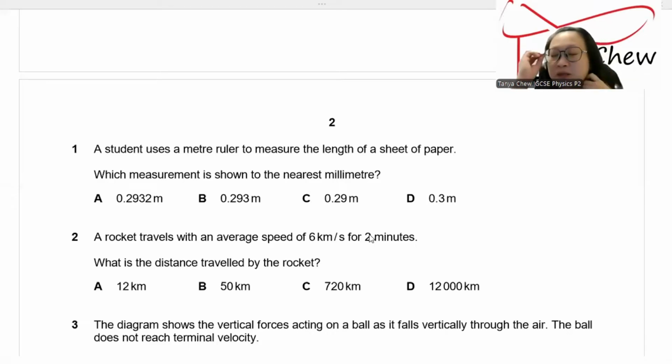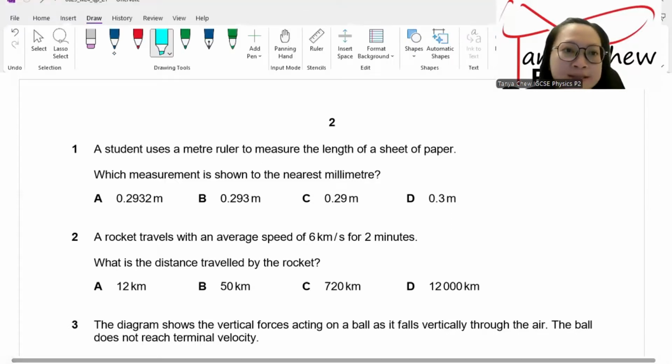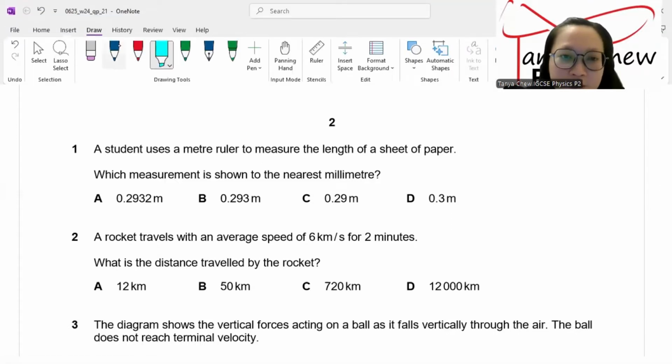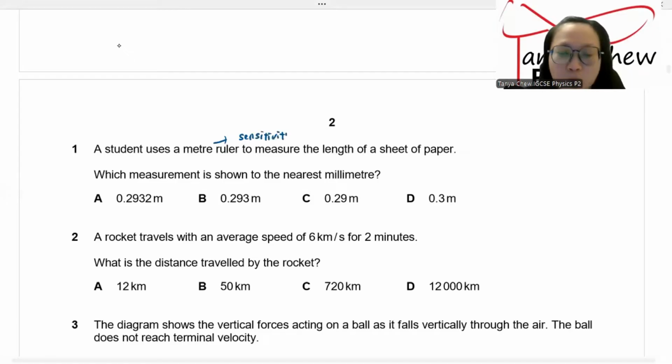The sensitivity means the smallest division of that apparatus. So the smallest division of our meter ruler is actually 0.1 cm. So this is called sensitivity, which represents the smallest division, which is equal to 0.1 cm.